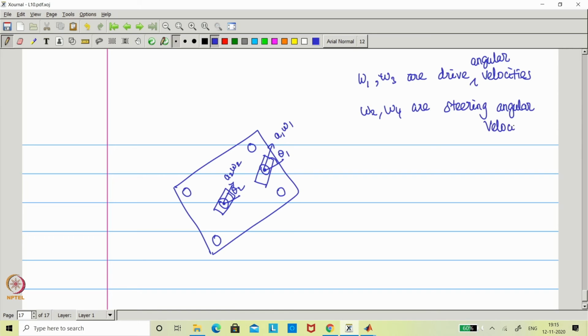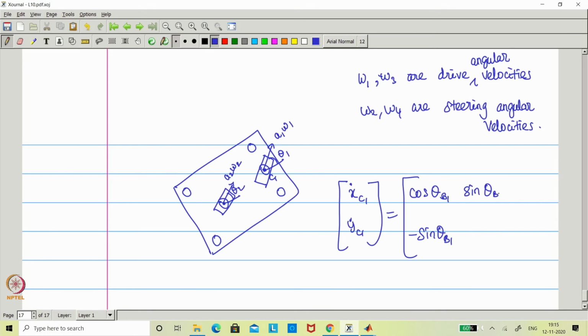Now we will see further what equation we have. I assume that this is C1. So xc1 dot and yc1 dot would be equal to cos theta b1, minus sin theta b1, and sin theta b1 and cos.